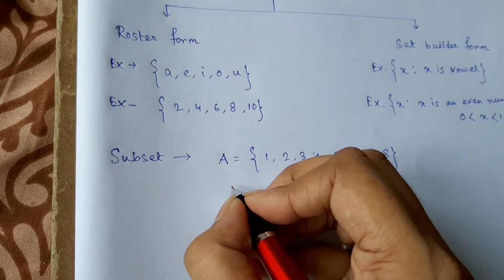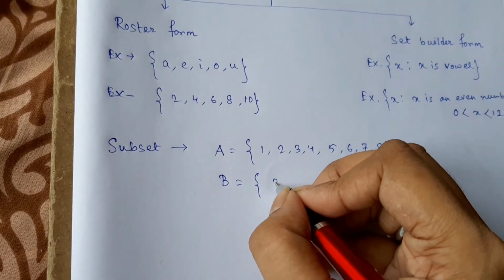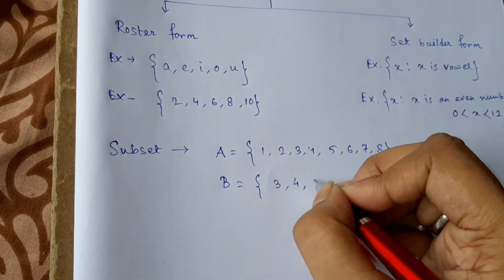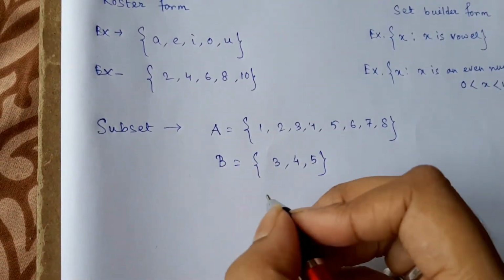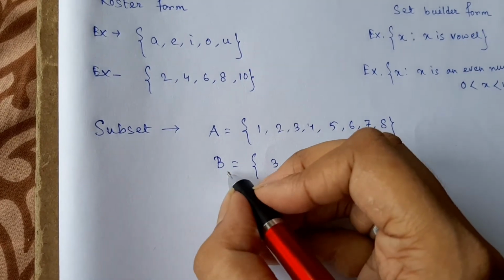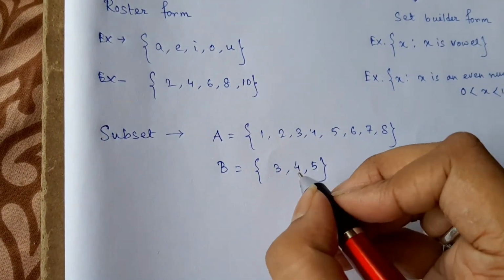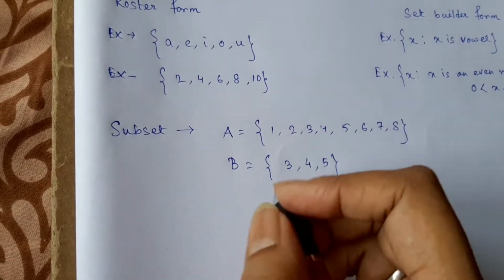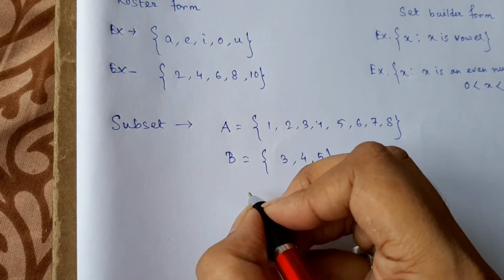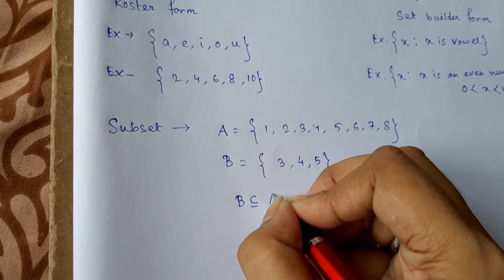And let us take another set B which contains 3, 4, 5. Here we see that the set B contains elements of set A, but the set A is larger than set B. So we can say that B is a subset of A.